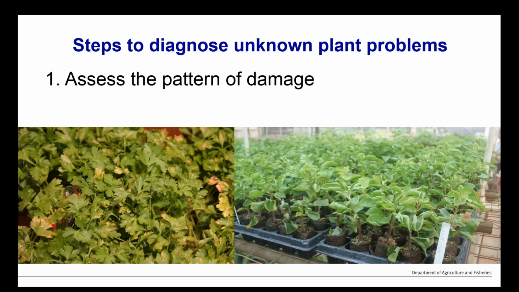In particular, is the whole crop affected, or is it just the odd plant here and there? If your whole crop is affected, I realize that it sounds really obvious, but it means that the plants are being affected by a factor that's occurring on the entire crop. And that in itself gives you clues as to the type of causal agent that could be happening.